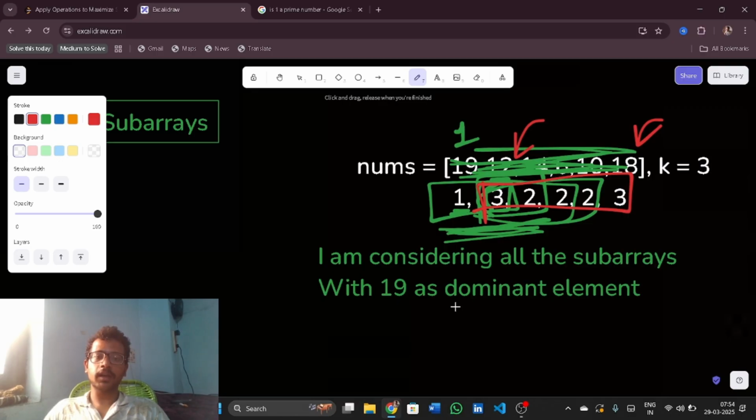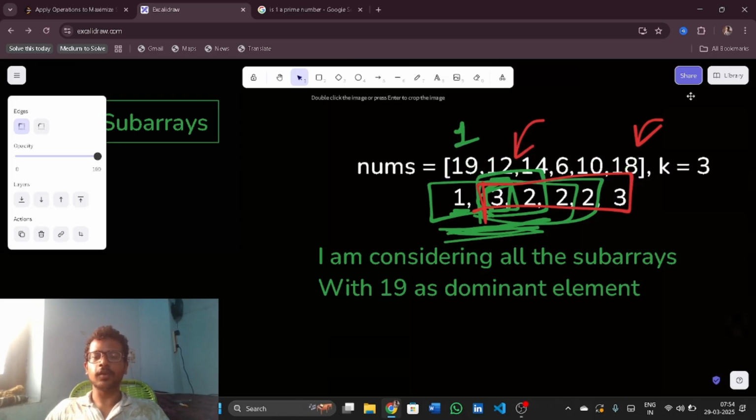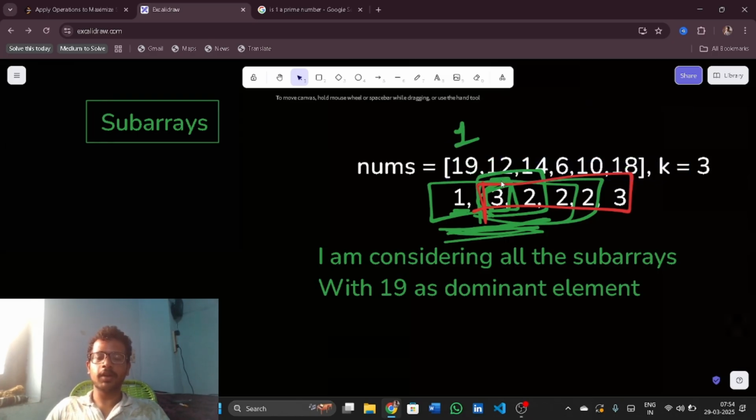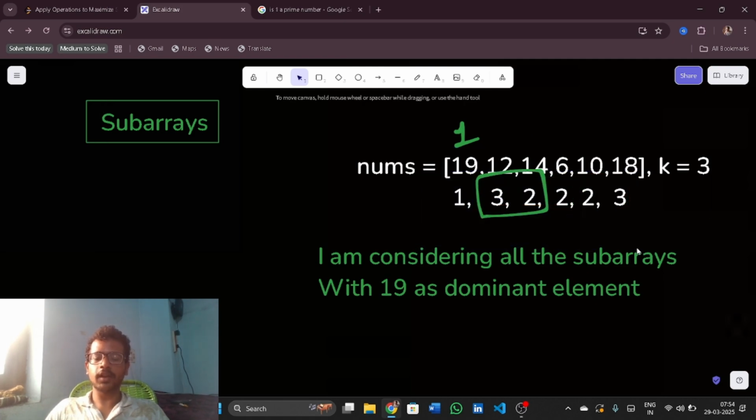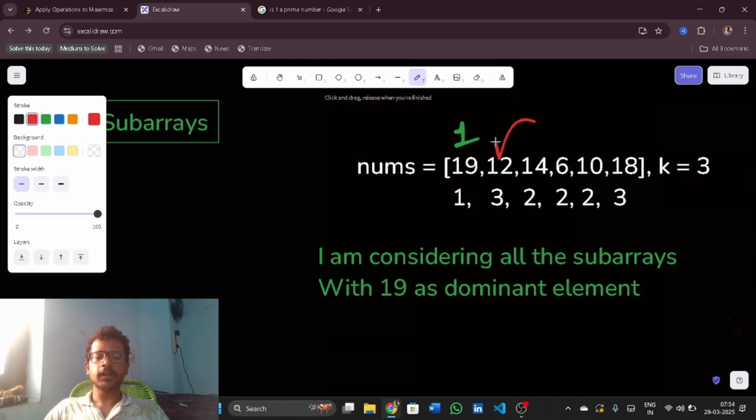Now, what I mean when I say counting the number of subarrays, right? Here I am taking this subarray count because I need to get the number of subarrays. So here I have 3 as the prime factor count and 12 as the value.